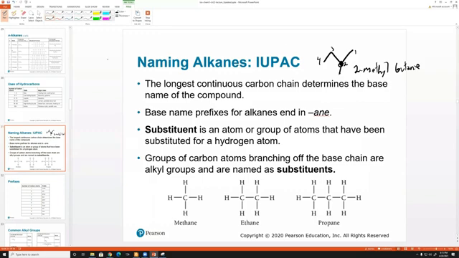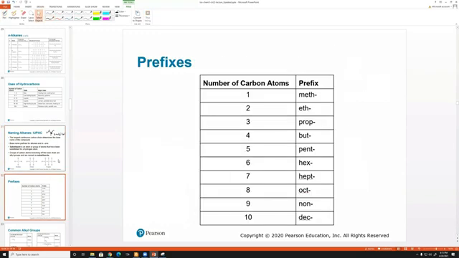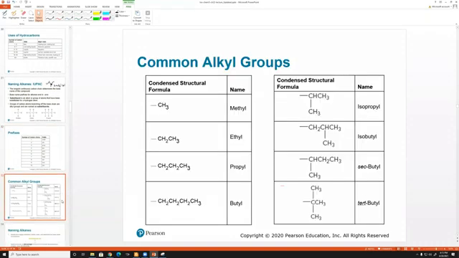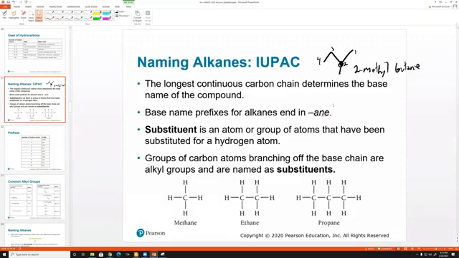And we'll see this as we go forward. That's just an example. Now, prefixes, here we go. Meth, eth, prop, but, pent, and then it's just the shapes after that. And here are names of the groups. I didn't write 2-methane, even though this CH3 is technically a methane, right? But methane itself is CH4.